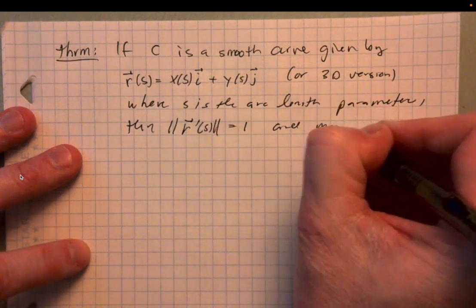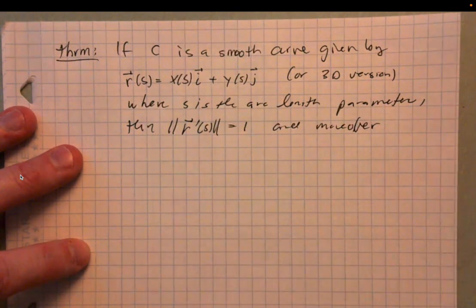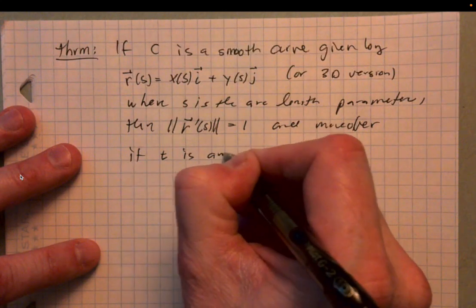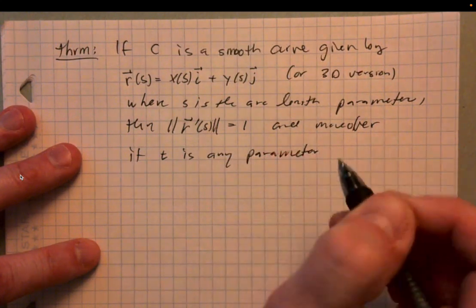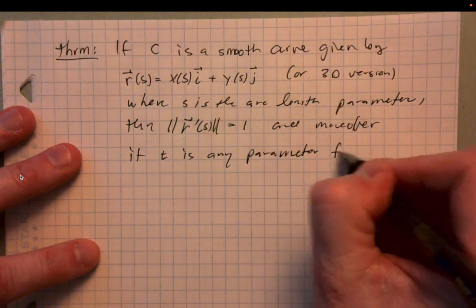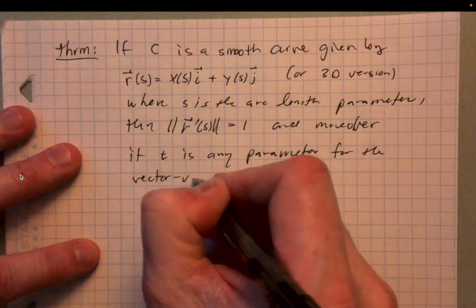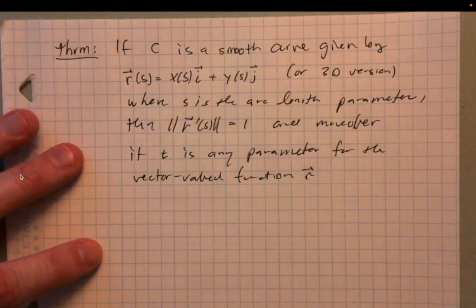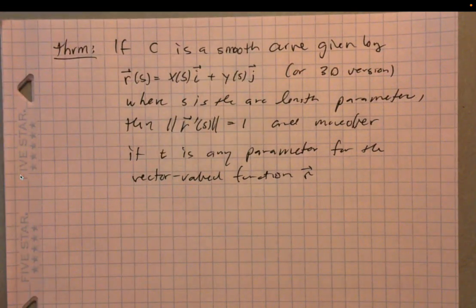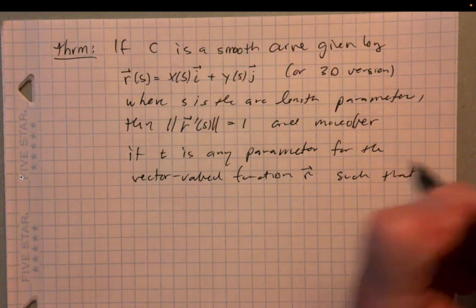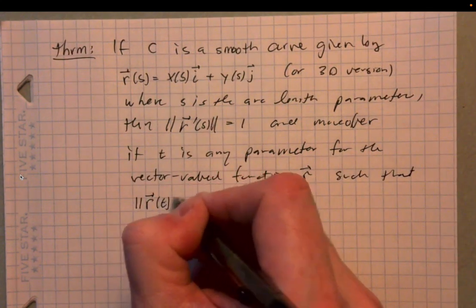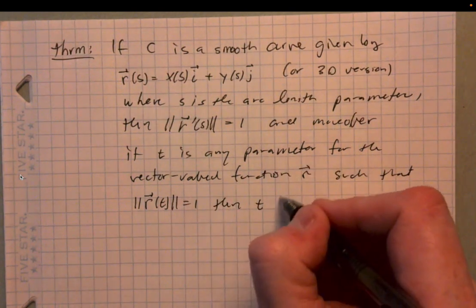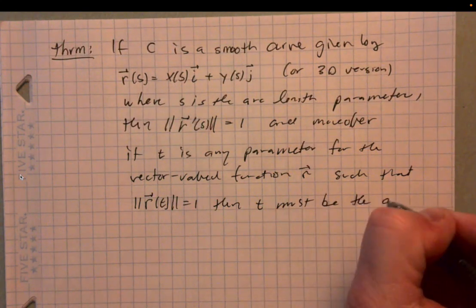And moreover, if t is any parameter for the vector valued function r such that the norm of the derivative equals 1, then t must be the arc length parameter. I'm writing just the 2D version, but the theorem remains the same in 3D.